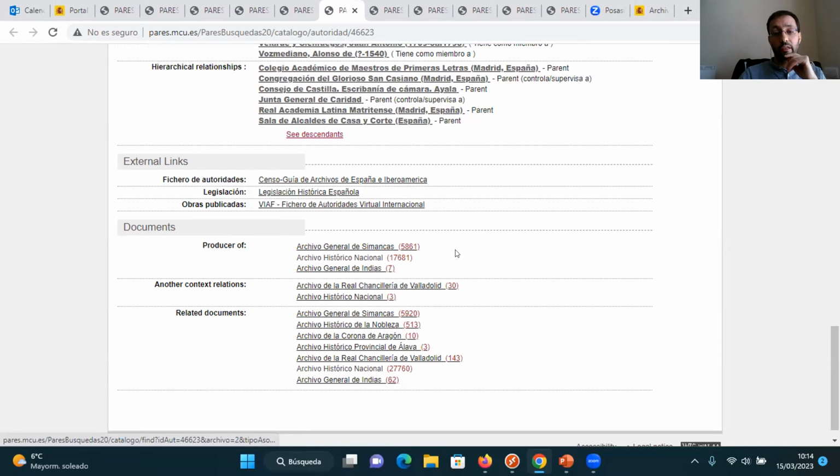The Consejo de Castilla is the producer of these documents, has another context relation in these documents, and is the subject or is mentioned in these documents.